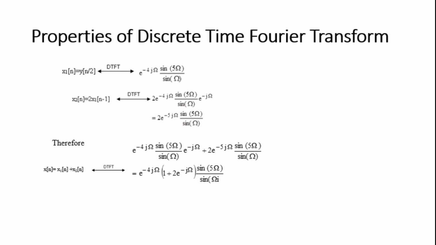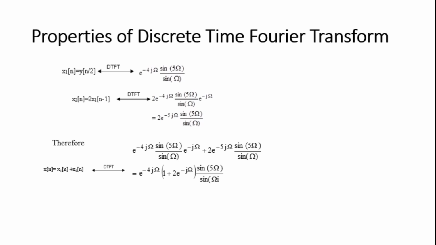Then x1 of n, which is equal to y of n by 2. If we take the discrete time Fourier transform, we get e power minus 4 j omega into sine of 5 omega divided by sine of omega. Or x2 of n is equal to 2 into x1 of n minus 1.